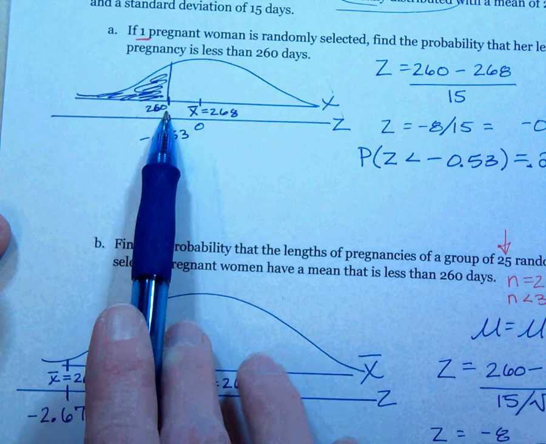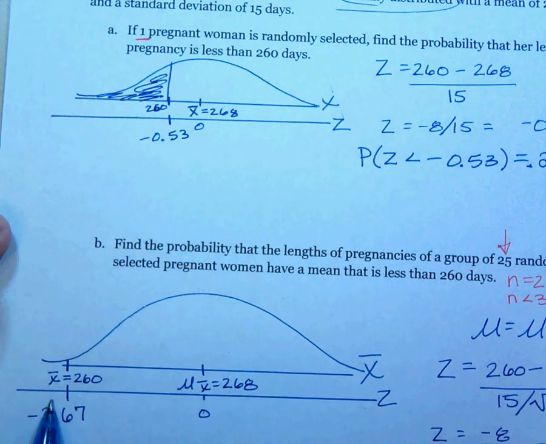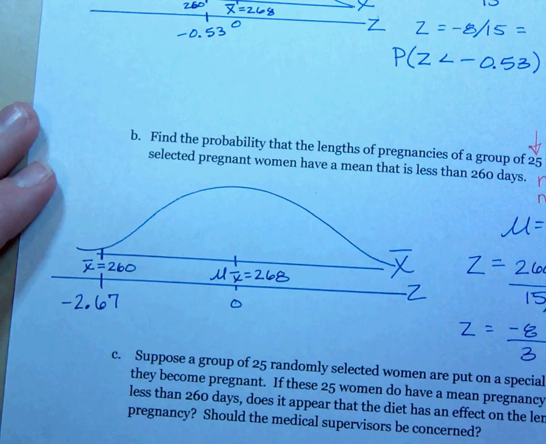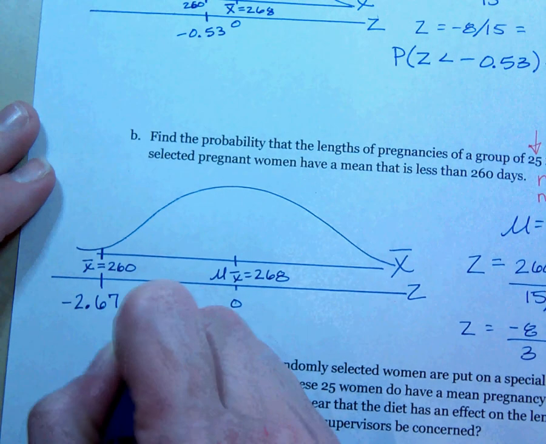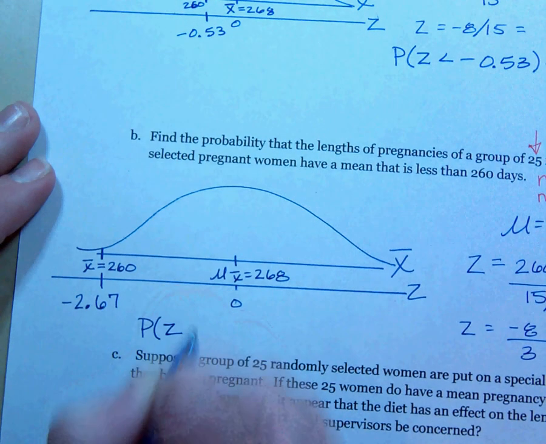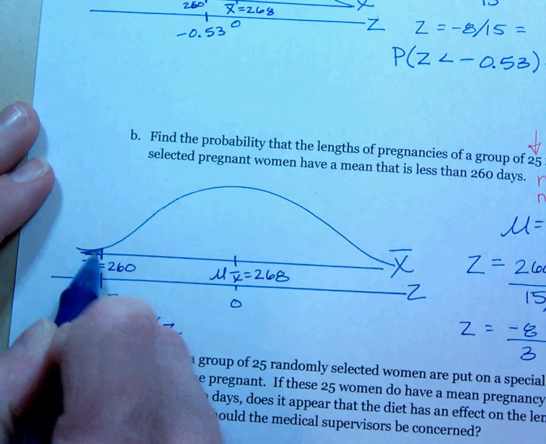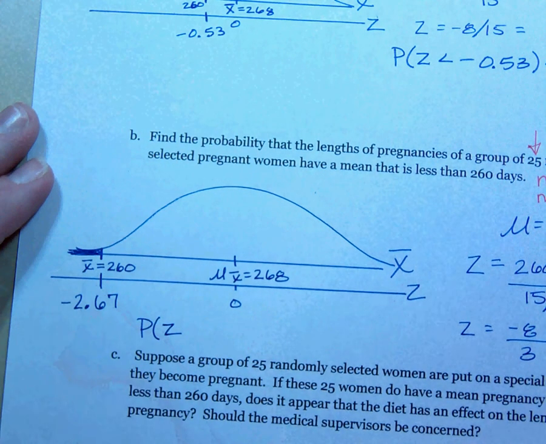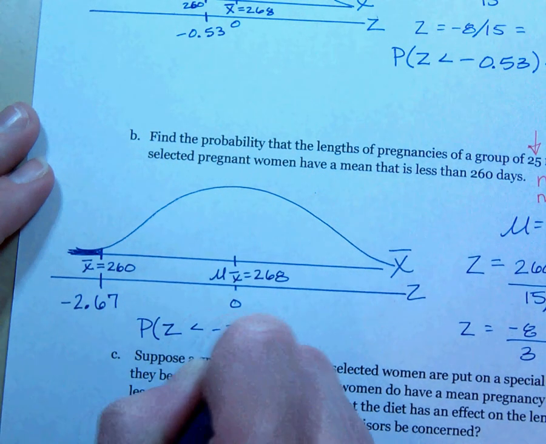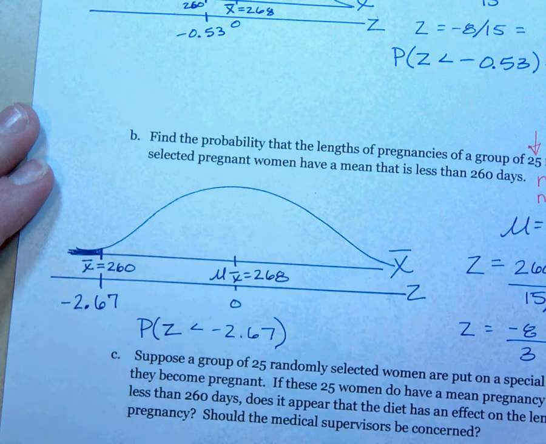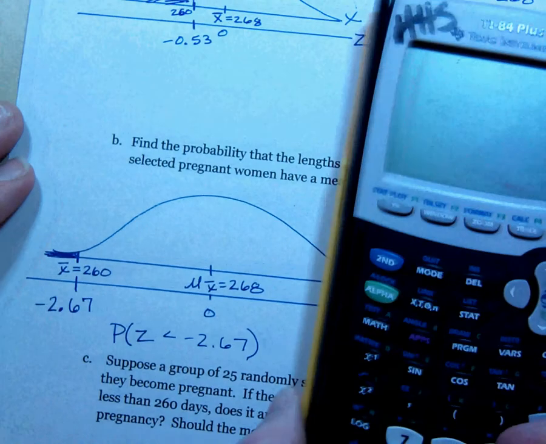So for one woman, not so unusual. A group of 25 women, that's pretty unusual. Let's just see how unusual it is. So we want the probability of less than 260 days, so that would just be this little tiny area right here. The probability that z is less than negative 2.67.